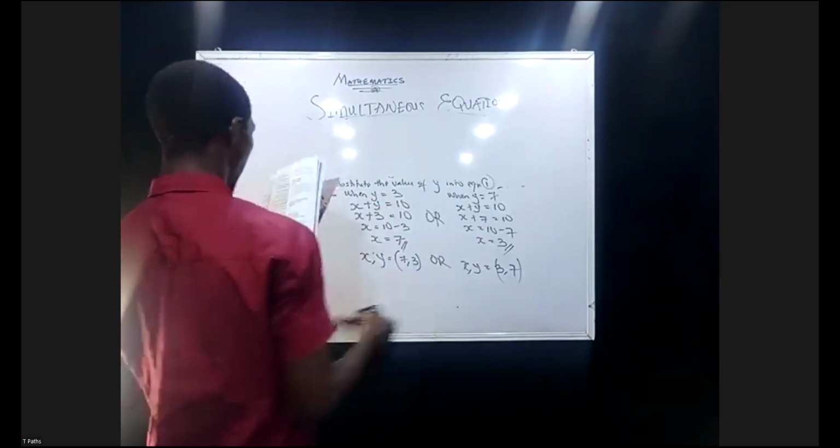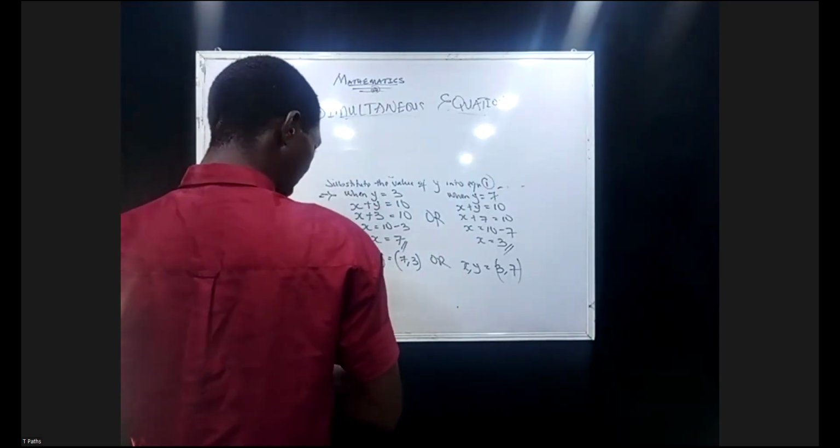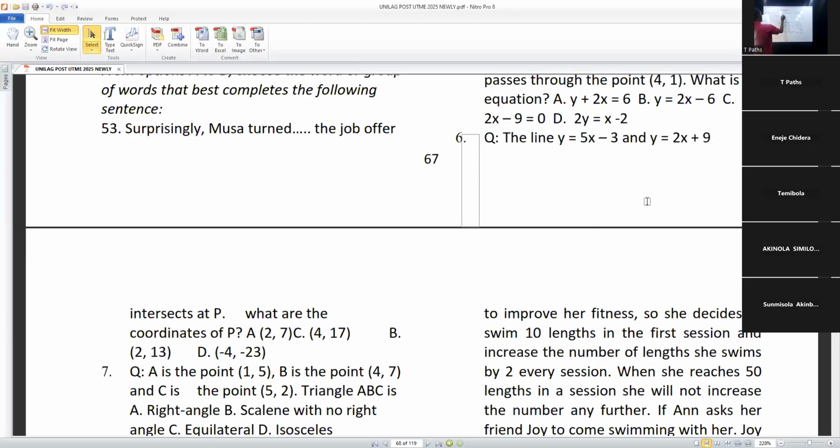It says, the lines y equals 5x minus 3 and y equals 2x plus 9 intersect at P. What are the coordinates of P?